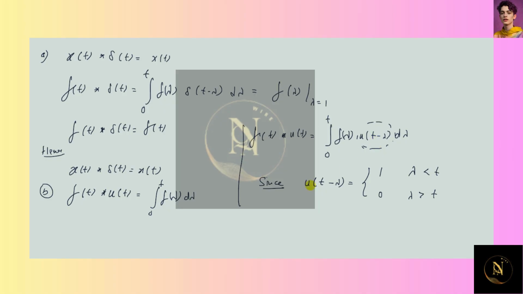That means f(t) multiplied with u(t) is simply the integration from the limit 0 to t of f(lambda) multiplied with 1, which is again f(lambda) d lambda. So this is the proof.